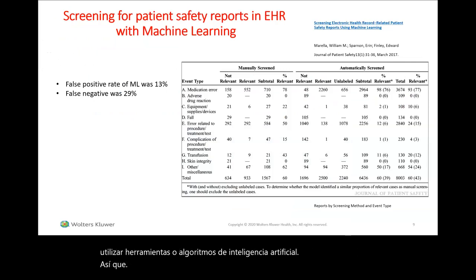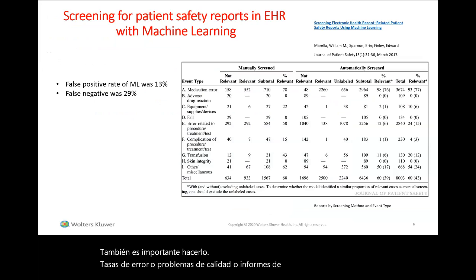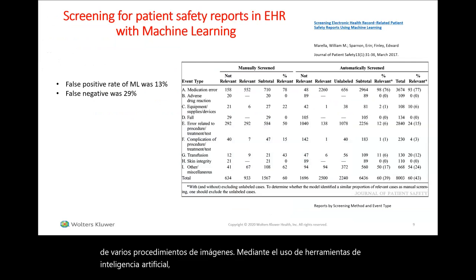It is also important to look at the error rates or quality issues or safety reports that resulted from various imaging procedures. Artificial intelligence tools allow you to do a sort of data search and figure out the safety reports and the quality issues that arise from various imaging tests.